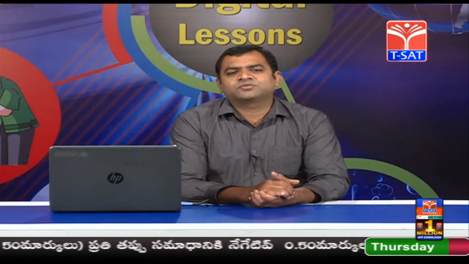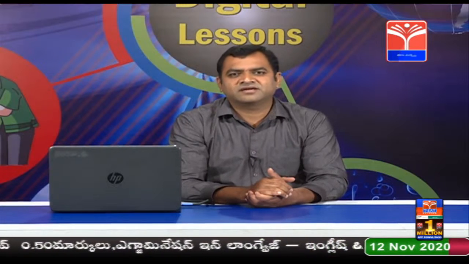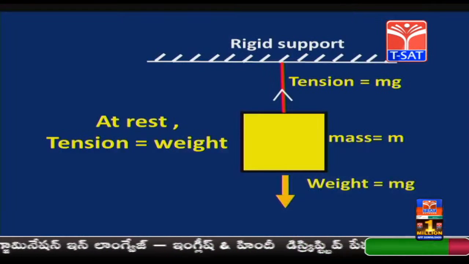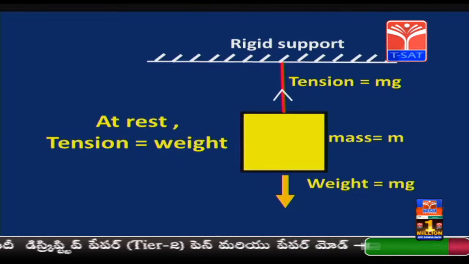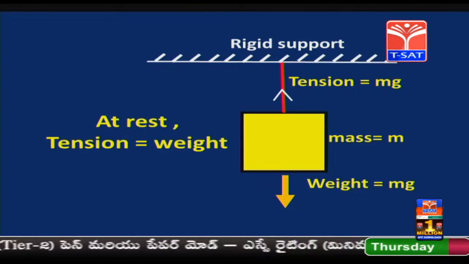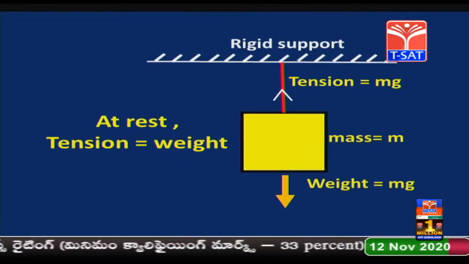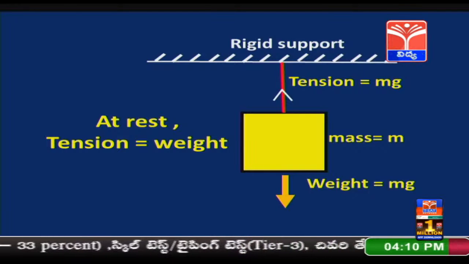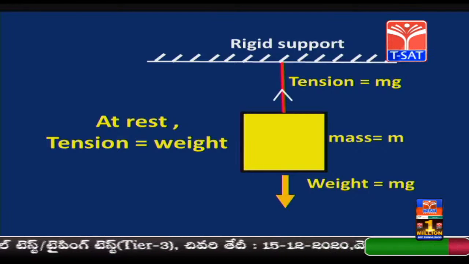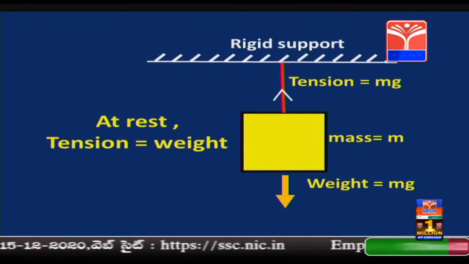Now, consider an object which is suspended from a height by a rope. Here is an object suspended by a string from a rigid support. The weight of the object is mg, mass times acceleration due to gravity, and when the object is at rest, the tension in the string is equal to the weight.